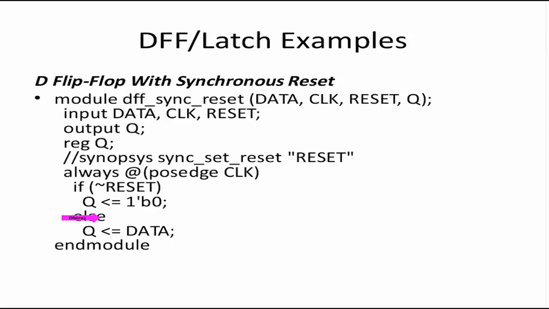So if your standard cell library does not contain a flip flop with a synchronous reset, it will simply implement a mux kind of structure on the data. So if reset is 0, data is 0. If reset is 1, the data is nothing but the data coming from outside. So it's a mux kind of structure on the data input. So it doesn't matter if the library contains such a flop or not, the tool will implement it.